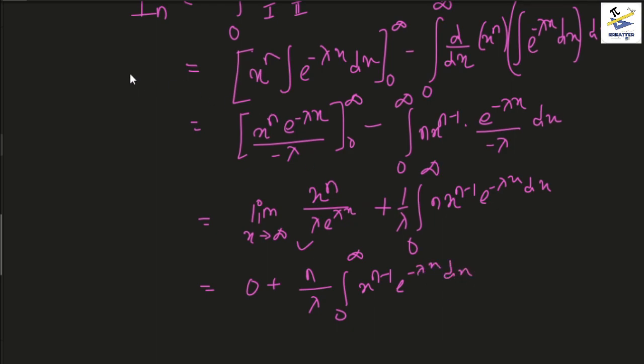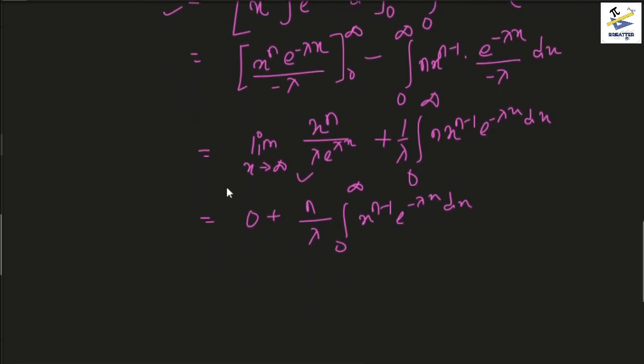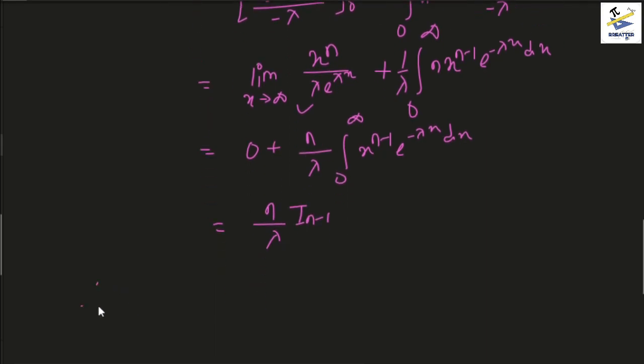I hope this part was clear, but no explanation is required because we have done it before when we found the second moment. Now this became n by lambda, and as you can see this is just I of n minus 1. So what we can conclude is I of n is basically n by lambda times I of n minus 1.